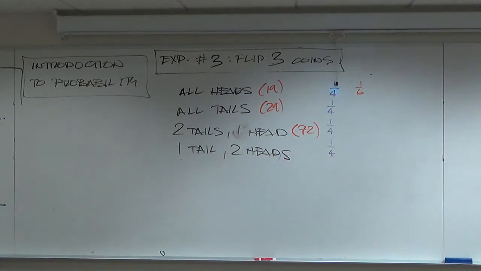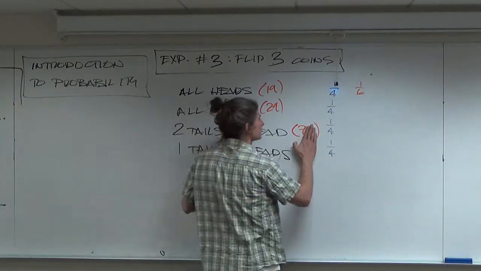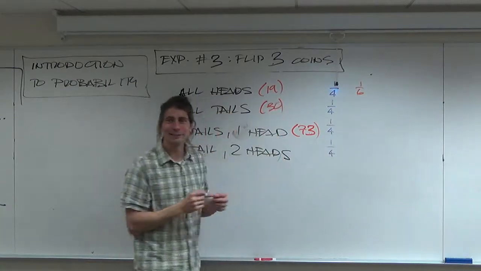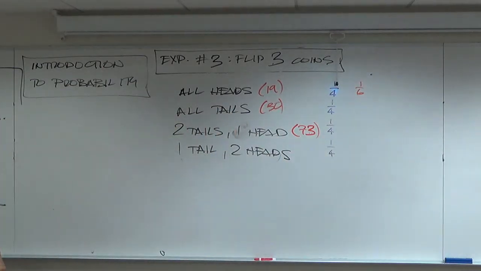How about 1 tail and 2 heads? And again, I don't care where the heads are or where the tail is, just that there was 1 tail and then 2 heads somewhere. I want to get back to Natasha's point here momentarily. Oh, what you got? 73. Oh, 73. Okay. Thank you. And the one above it needs to be 30. Okay. All good. I'm usually off when I count, as you guys have noticed.